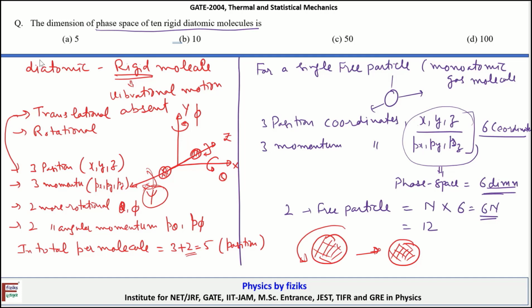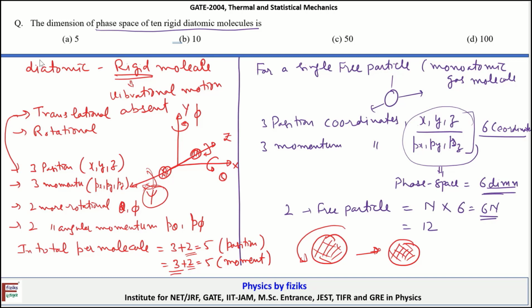Corresponding to these we require 3 plus 2, that is 5 momentum coordinates, of which 3 correspond to linear momentum and 2 to rotational momentum. So per molecule we require 10 coordinates.